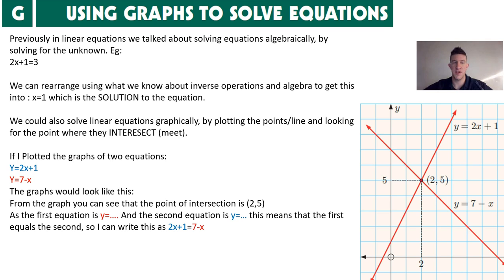As the first equation is y equals something, and the second equation is also y equals something, this means that the first equation equals the second equation because they're both y. So I could write this as 2x plus 1 equals 7 minus x, because this is y and this is y. The intersection of these two points is 2, 5, so this is actually the solution to this equation here.